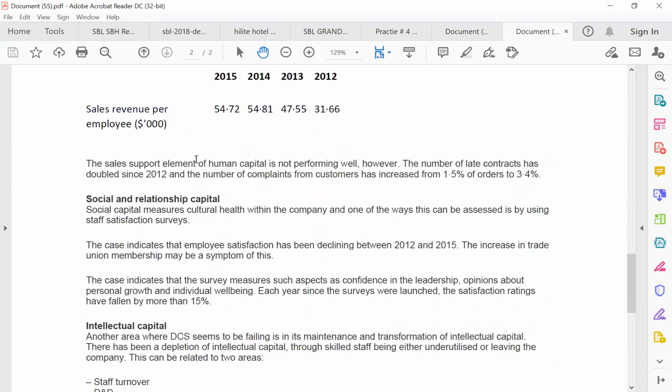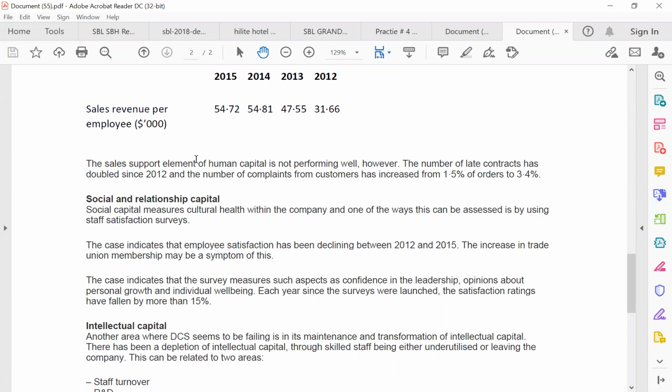Whenever you are talking about the human capital, I have taken sales revenue per employee because it included human capital. The sales support element of the human capital is not performing well. The number of late contracts has doubled since 2012, and the number of complaints from the customers has increased from 1.5% to 3.4%.